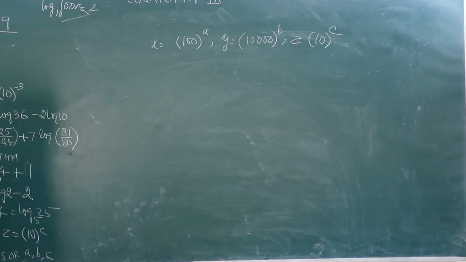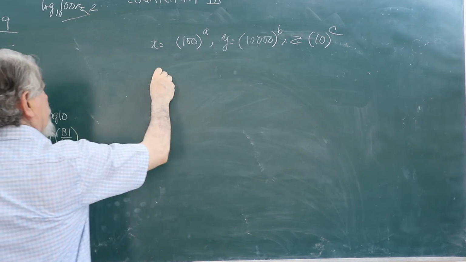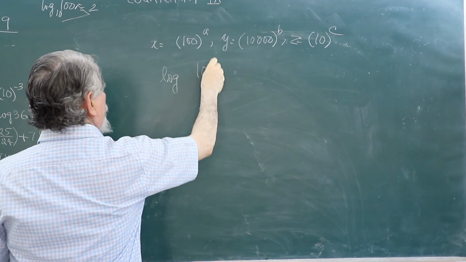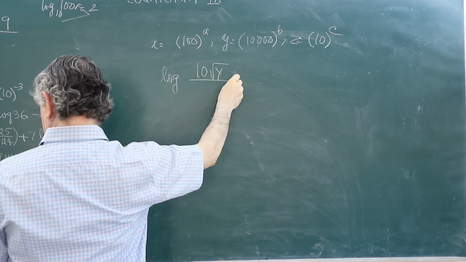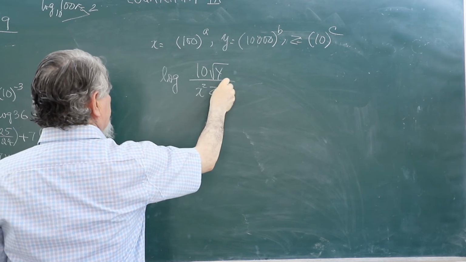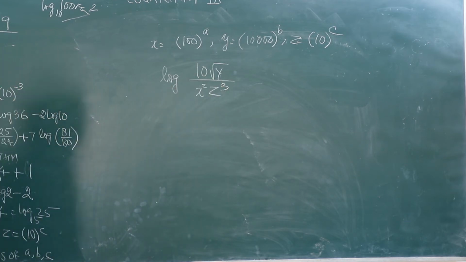I have x as 100 to the power a, y as 10,000 to the power b, z is 10 to the power c. He says express log 10 under root y upon x to the power 2 z cube in terms of a, b and c. We have to express this in terms of a, b and c.